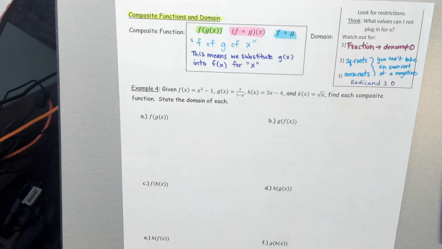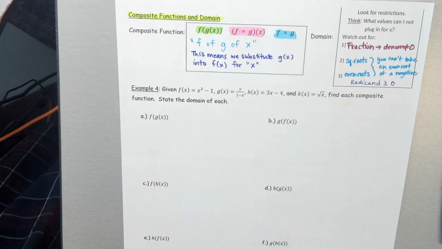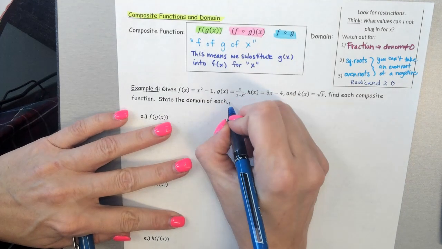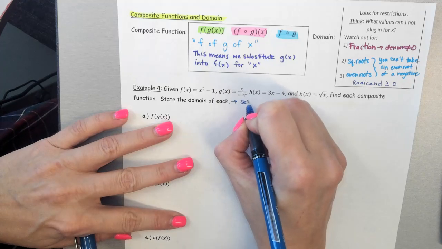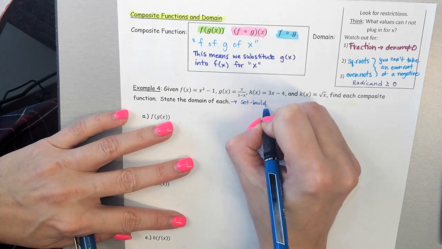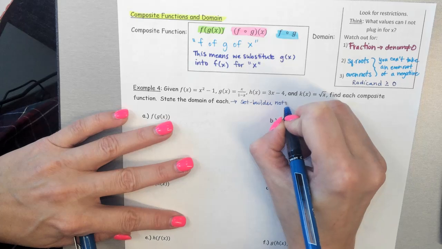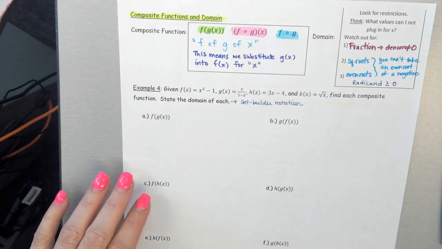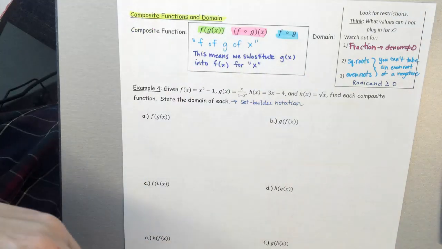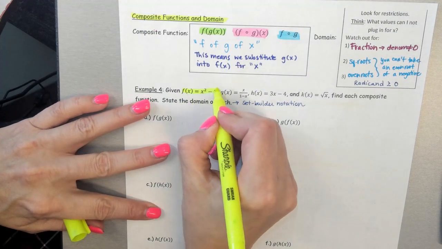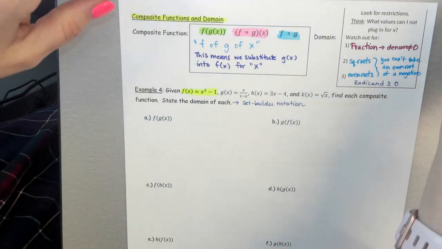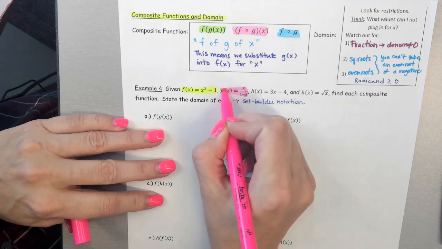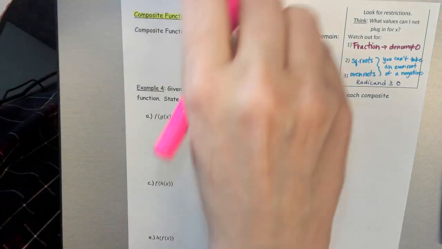Okay, so you are going to be given different functions. You have to find each composite and state the domain of each. When you state the domain, we're going to use set builder notation. Okay, so we are given 4 different expressions that we're going to be working with.